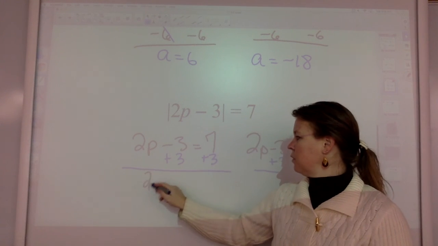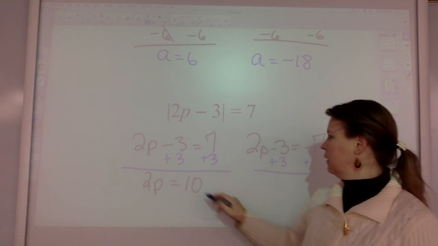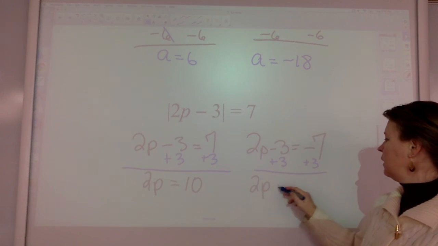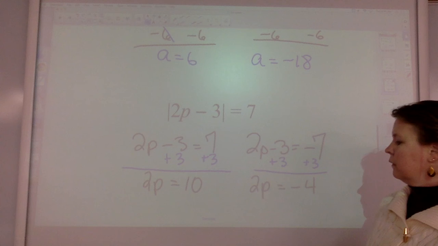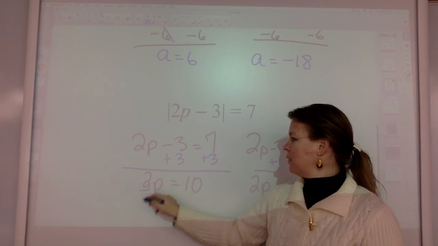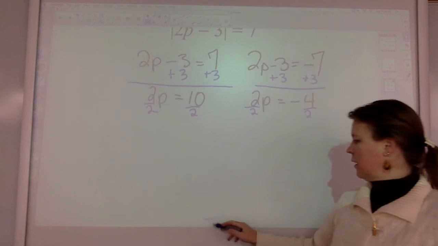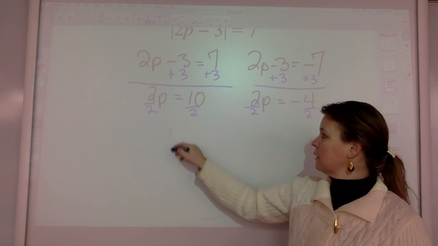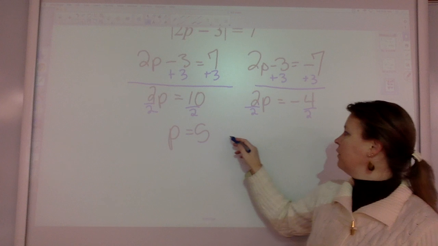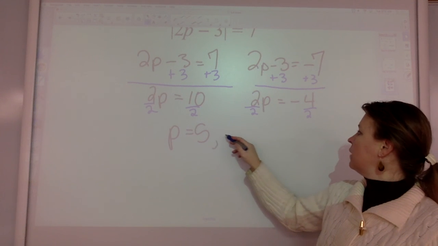You're left with 2p equals 10, and 2p equals -4. Divide by 2, divide by 2, divide by 2, divide by 2. You might as well only think once instead of twice. P equals 5, or p equals -2.